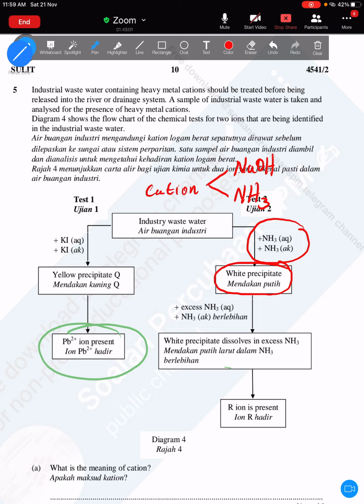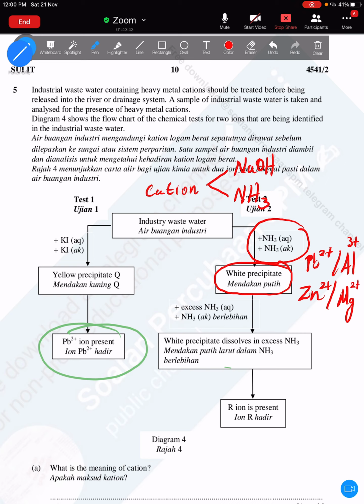Guys, if you still remember the cation test that I have taught you in my class, when you put this ammonia and a white precipitate forms, what are the possibilities? You have either Pb2+, Al3+, Zn2+, or Mg2+. Yes? Okay.